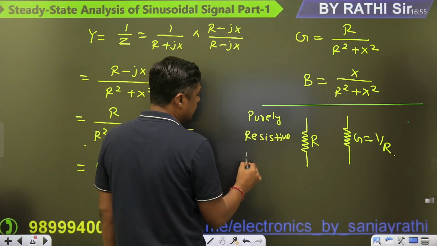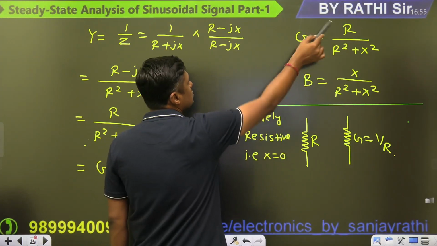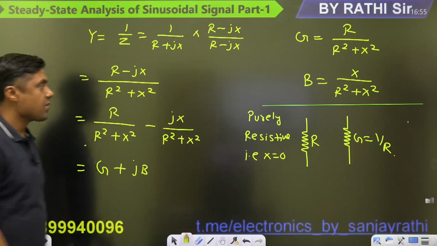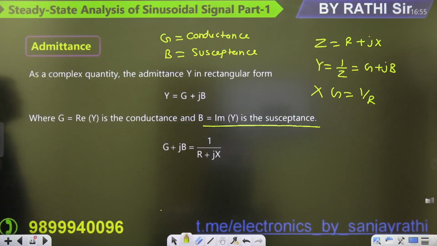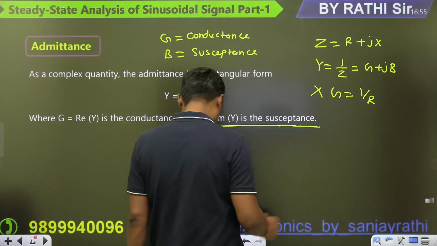Purely resistive means X is equal to 0. For example, you put X equal to 0, G is equal to 1 by R, and B will become 0. So students are making a silly mistake. They are directly saying that G is equal to 1 by R. This is wrong.